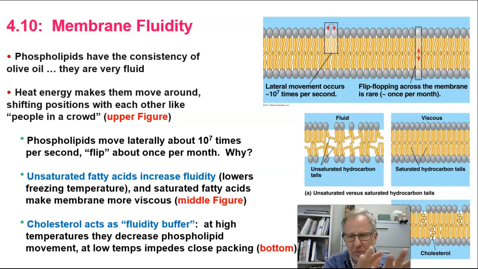And so that keeps them more liquidy. So that's what's meant by a fluidity buffer, is maintaining the fluid nature, whether the temperature is high or whether the temperature is low. So that's a major thing that cholesterol does in our membranes. All of this slide is talking about membrane fluidity and what contributes to that.